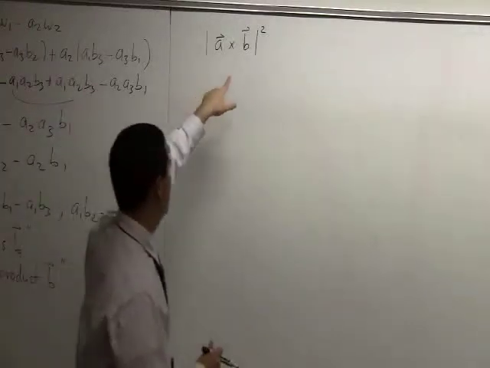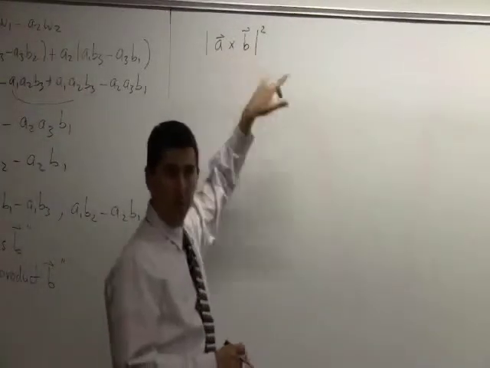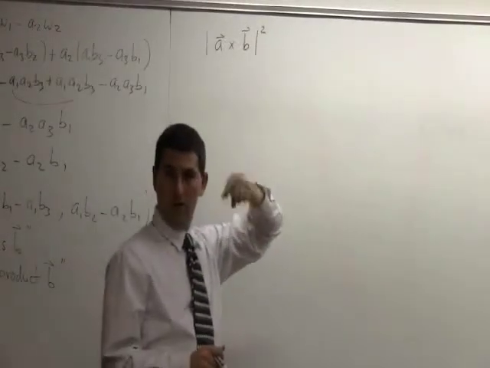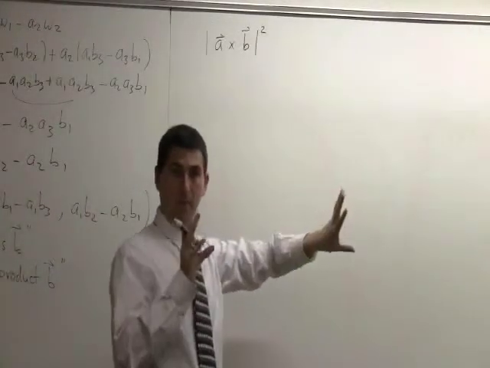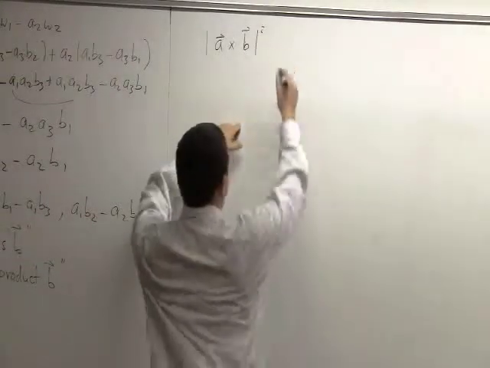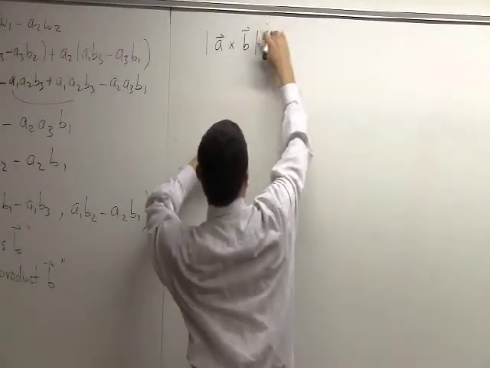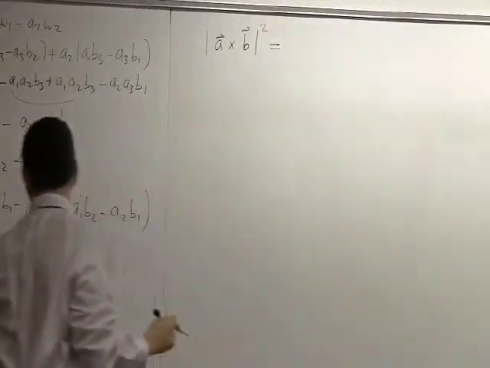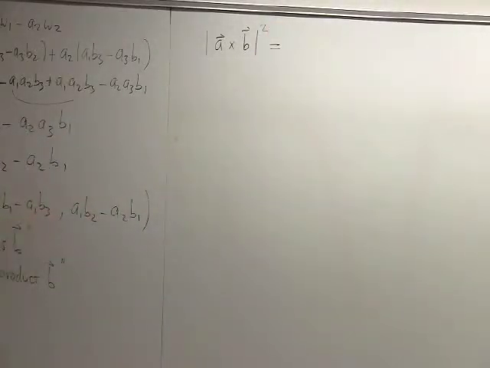So let's see. Well, to compute the norm of a vector, you have to square the components and then add them up. And then you take the square root, but we've got rid of that square root. These are the components. We still have them written down. I have to square them and add them up.